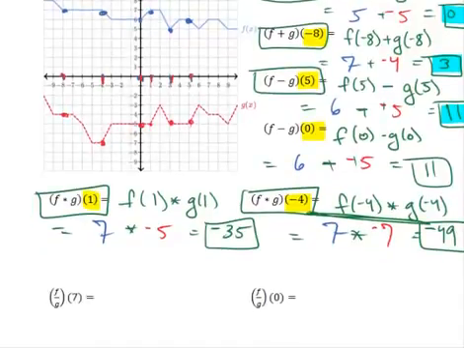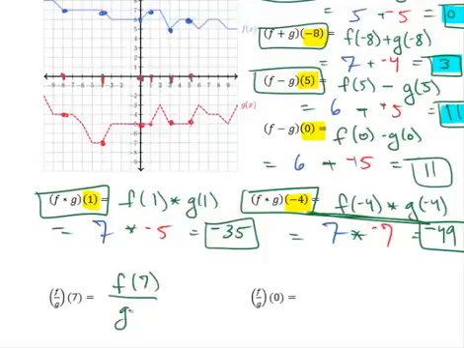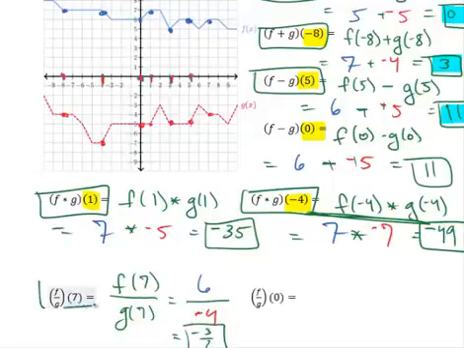And some division. This one here is f of 7 over g of 7. F of 7 is 6. And g of 7 is negative 4. So 6 over negative 4, we get negative 3 halves is f divided by g of 7.